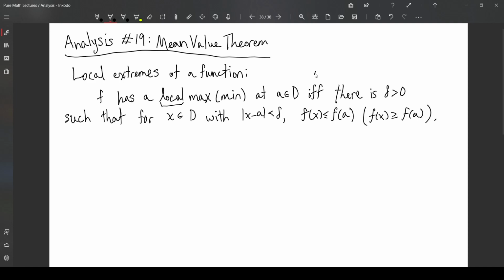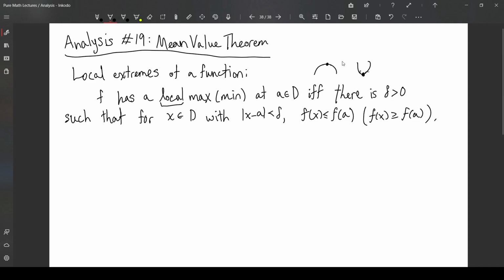Graphically, a local maximum looks like that, or a local minimum looks like that, because neighboring points are either less than or equal to, or greater than or equal to.